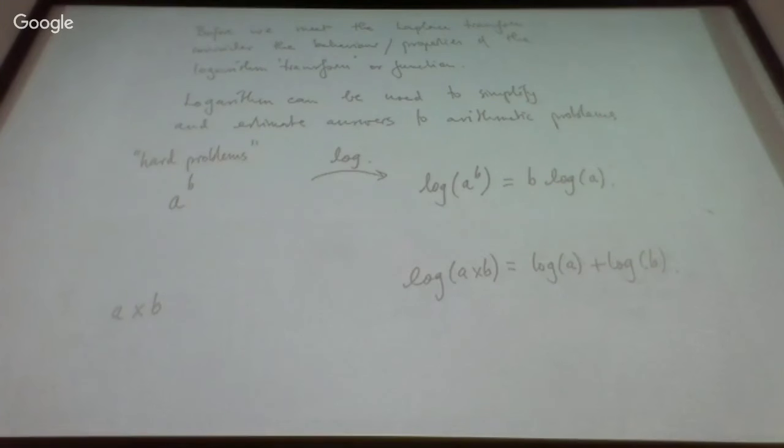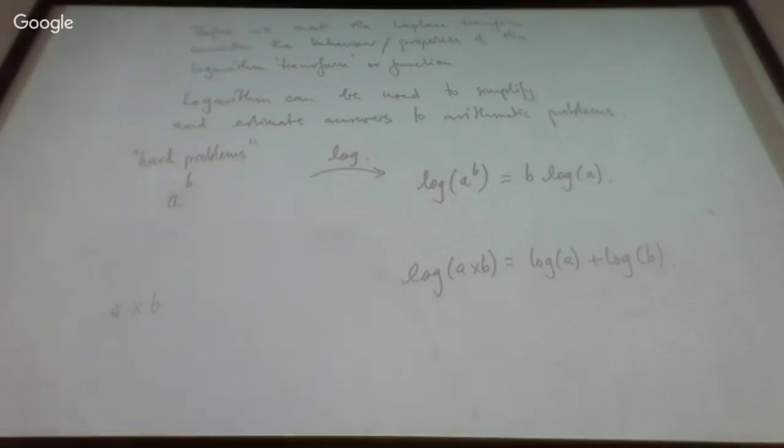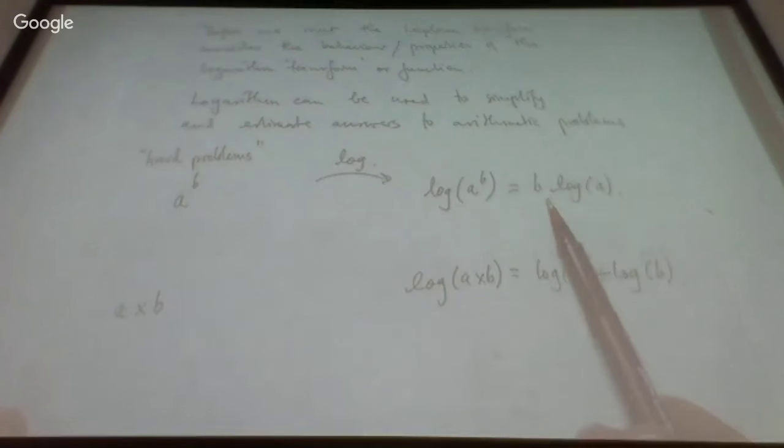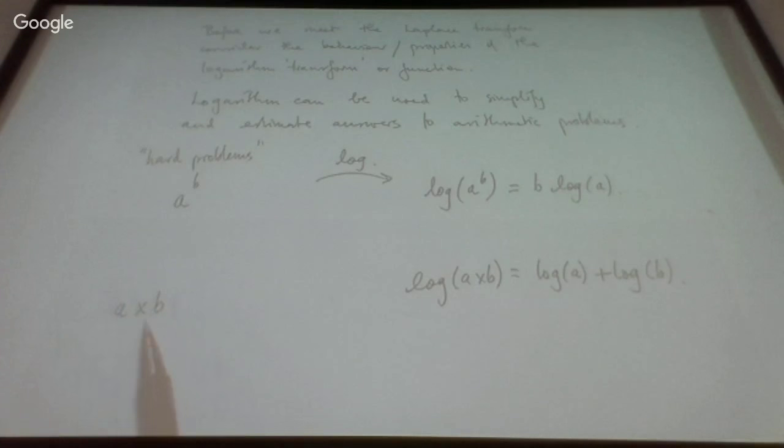So in each case, the hard operation, raising to a power, has been replaced with an easier operation. Here we just have to multiply together two numbers. Or in the case of multiplication, the harder problem of multiplying has been replaced by an easier problem of addition.